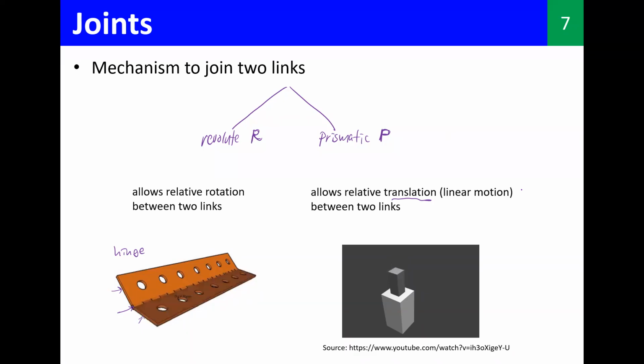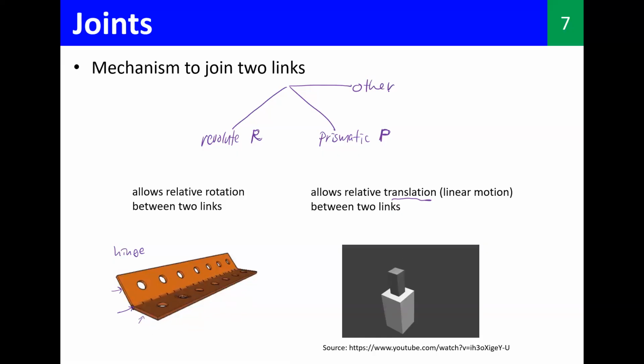Right? Actually, all these other types of joints, so let me mention that here, we have other types of joints as well, but all these other types of joints can be created using these basic revolute and prismatic joints, okay? So if you take this universal joint where you can have rotation in any axis, that is basically a combination of three revolute joints, one for each axis, let's say X, Y, and Z, right?